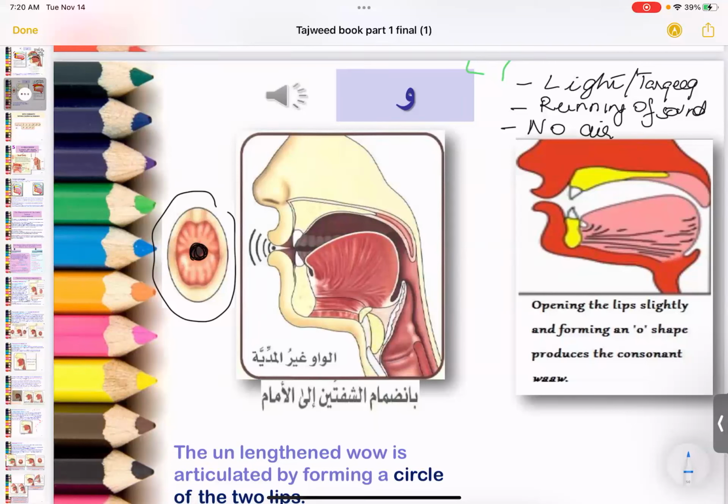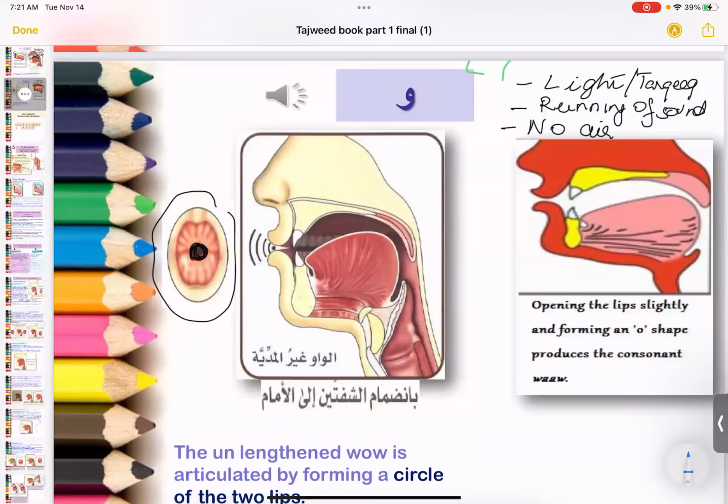So this makhraj is for wow mutaharrik. And we know that the lips are circled. You open the lips and you slightly circle them into an O shape. You start off with an O shape and then you stretch your lips to get the sound out.